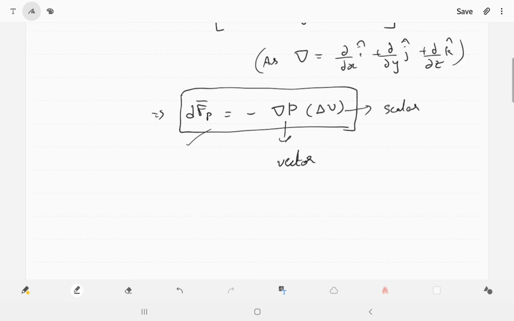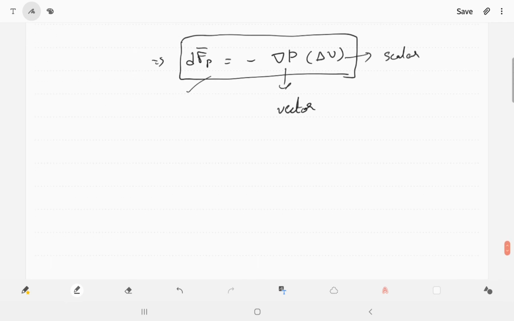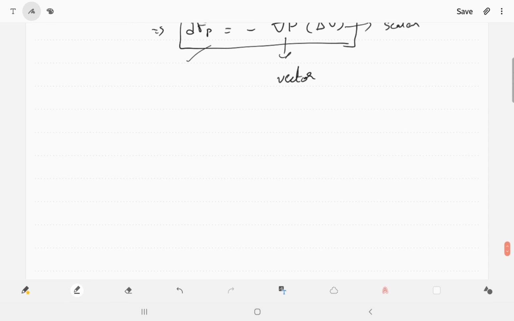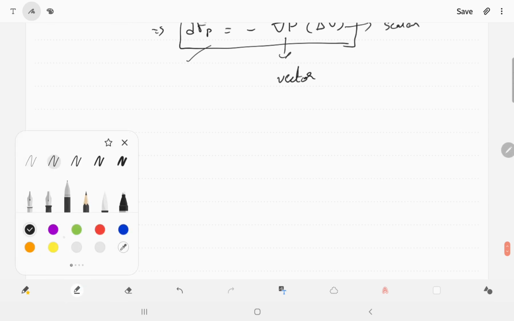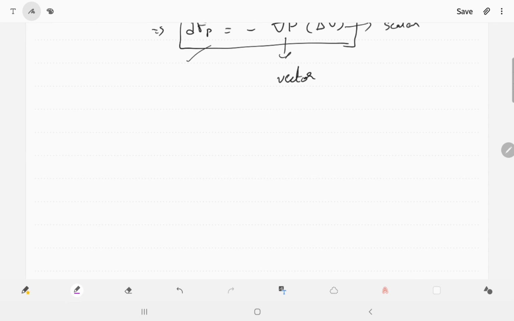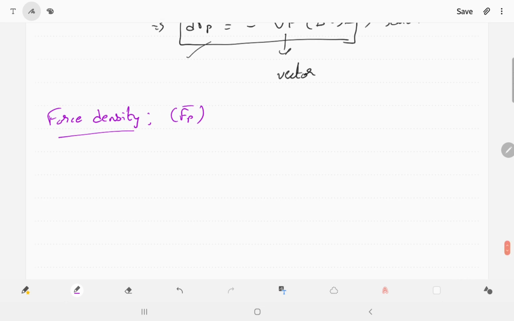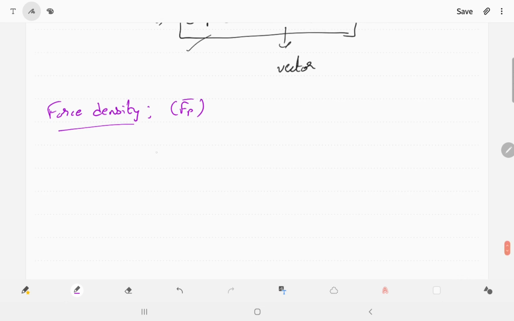So we know this. Now let us go into a brief introduction of force density and then stop our class. Force density, which is F bar P, is nothing but the force acting per unit volume.